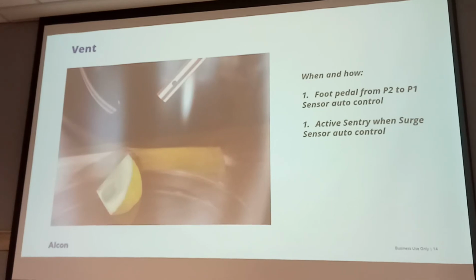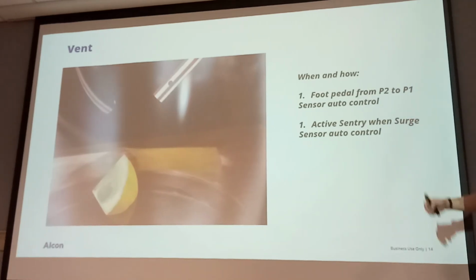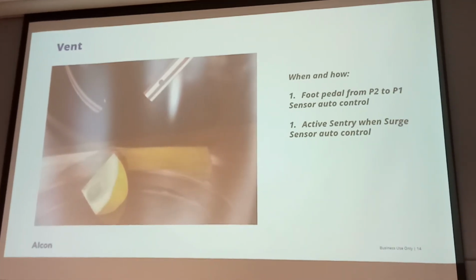For traditional phaco, most companies design it so that when our foot pedal goes from position 2 back to position 1. What is the function of position 2? It is irrigation and aspiration, right? When we go back to foot pedal position 1, what will that be?